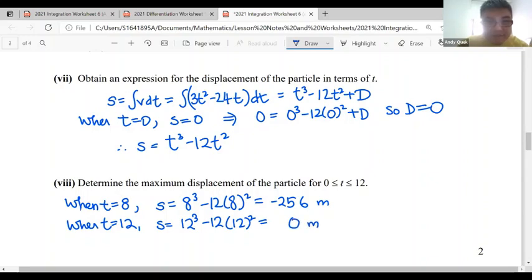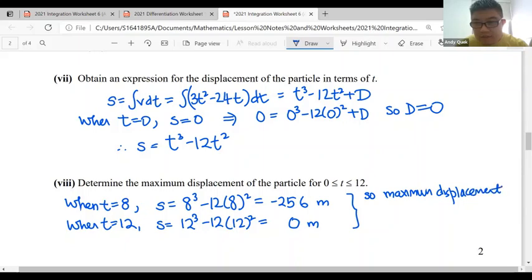The answer is 0. Maximum displacement is 256 meters from O in the negative direction.